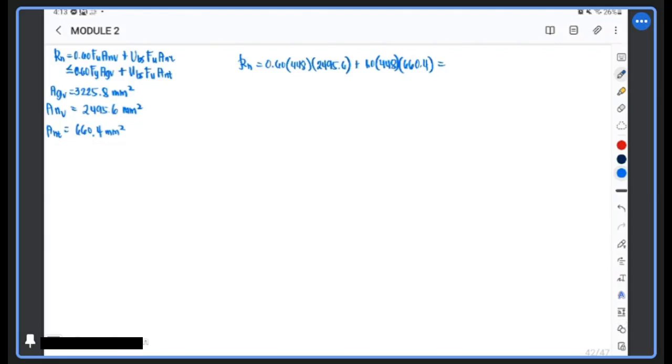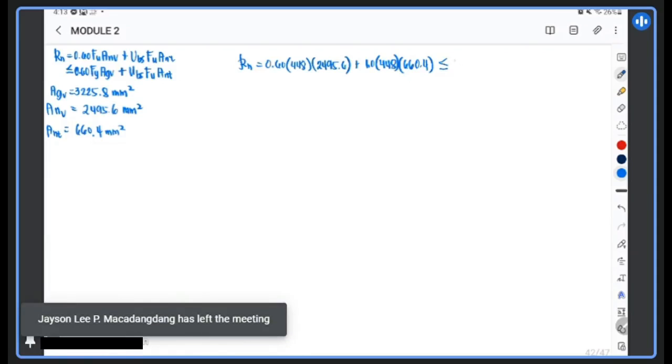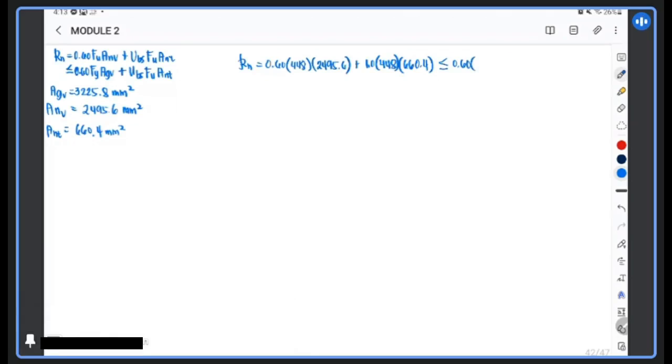Compute, habang sinusulat ko yung isang condition, should be less than or equal to 0.6 of Fy.